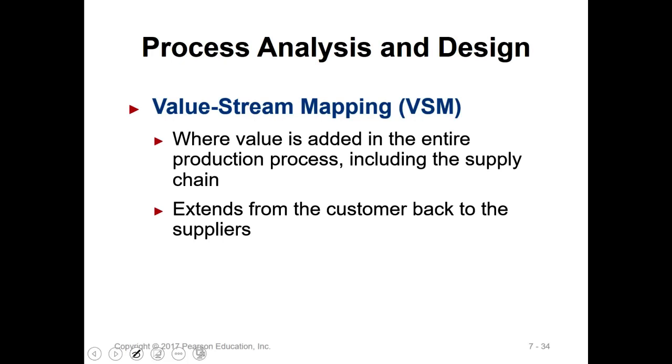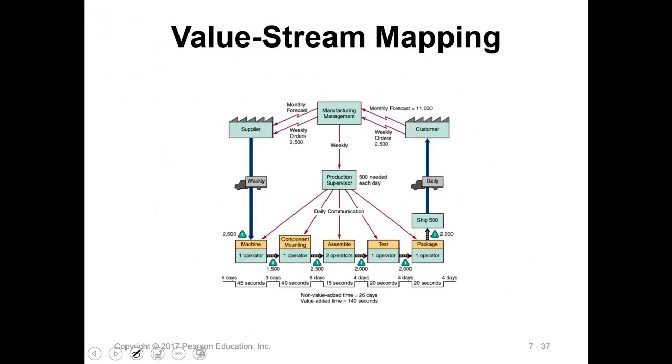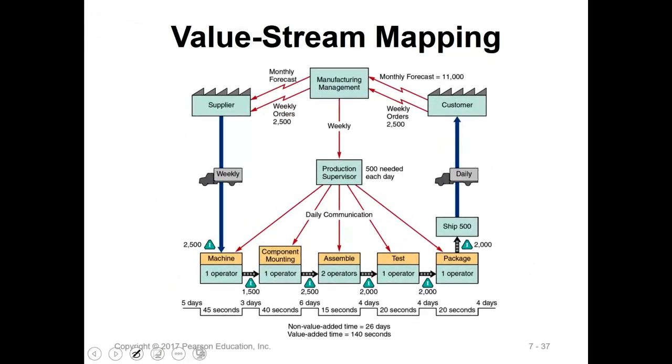But in this process, it does not just focus on inside the house of the operation, but also includes the suppliers, the supply chains, and the customers in this mapping process.